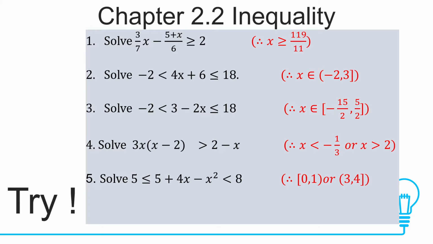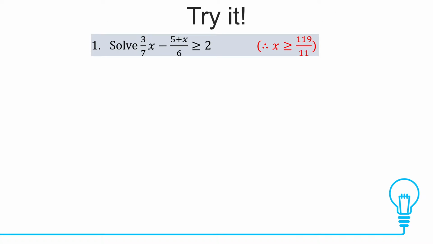Okay, so let us look at question number 1. The highest degree for our x is 1, so it is a linear inequality. When it is a linear inequality, the first thing we look at on the left hand side is the denominators, one is 7, another is 6. So we just do the normal algebraic manipulation and cross multiply. So this one is 18x minus 7 multiplied by 5, plus 7, greater than or equal to 42 multiplied by 2.